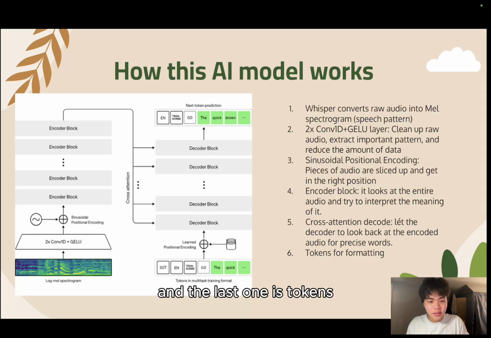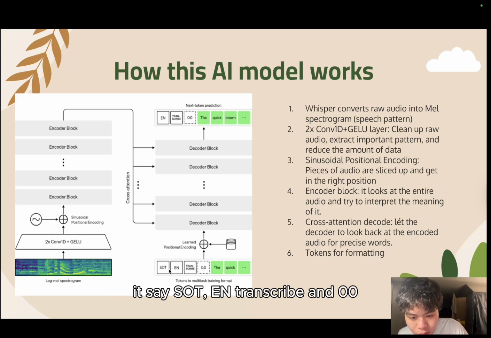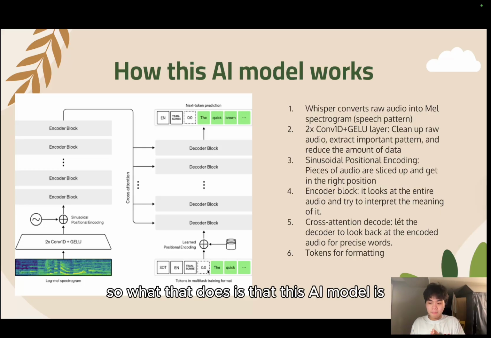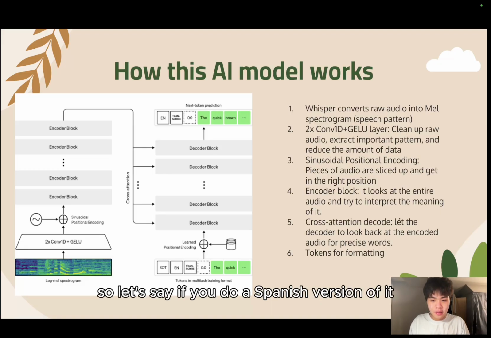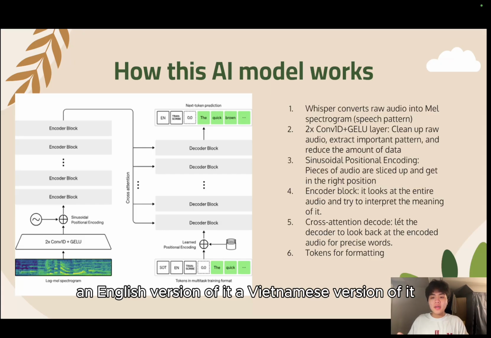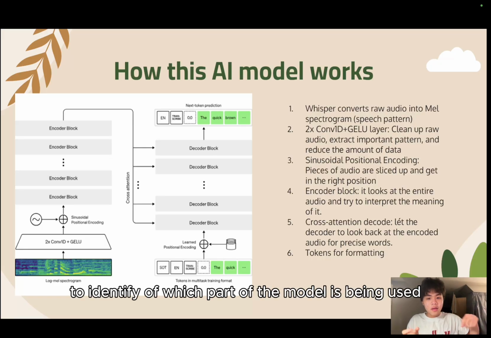And the last one is tokens. You see at the bottom here, it says SOT, EN, transcribe, and 0.0. This AI model has only one version. If you do a Spanish version, an English version, or a Vietnamese version, it is all the same model, but it uses these tokens to identify which part of the model is being used.